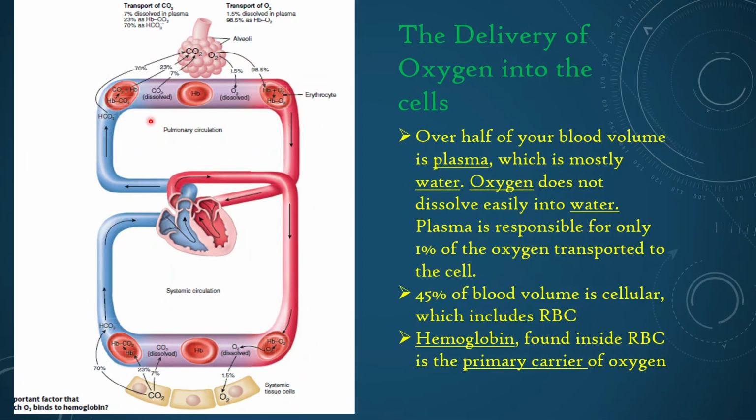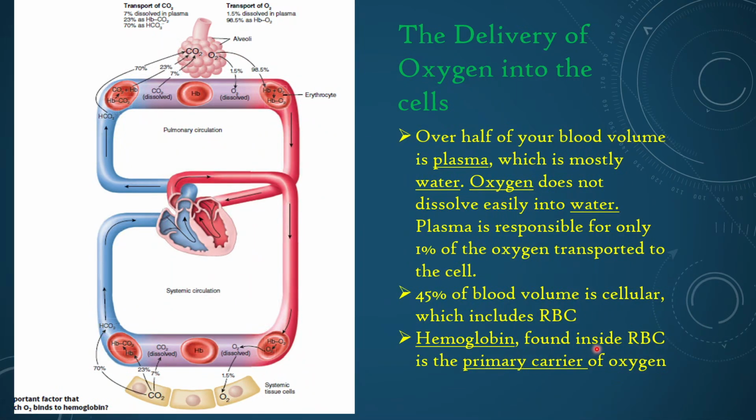So what that means is if we don't have red blood cells to transport oxygen to the cell, then you're in a bad place, right? Because we can have all the plasma that we want, but without red blood cells, we're not going to have oxygen exchange.